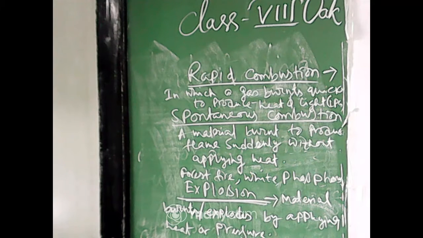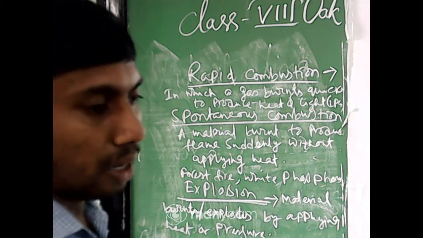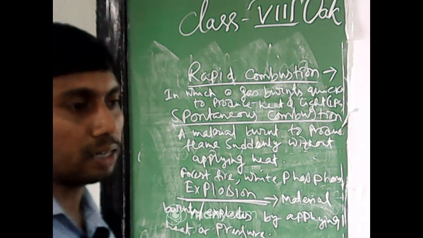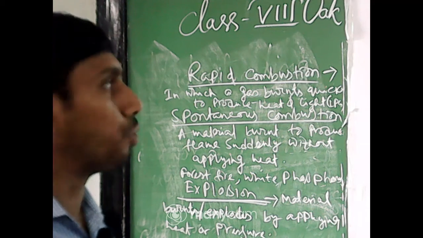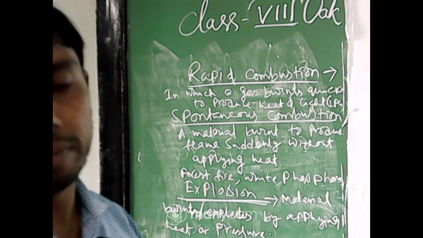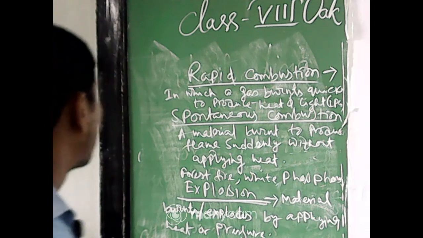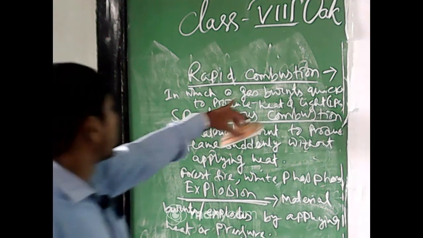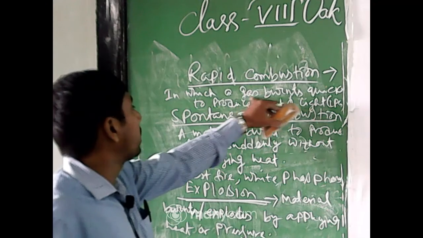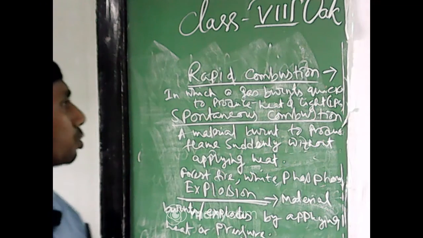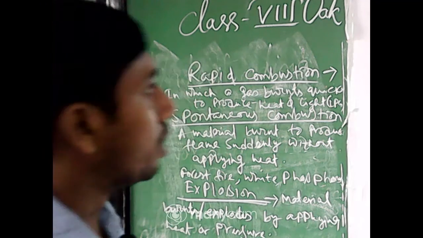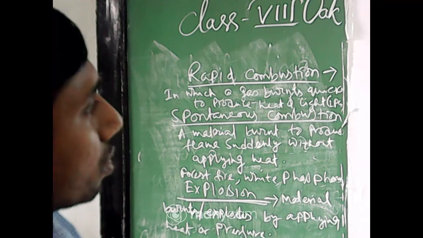Yes, because when the kerosene burns, due to heat it produces the volatile form, that means gaseous form. As it is gas, and in the definition it is given that a gas burns quickly, it is called rapid combustion. Very good question, Anansu.